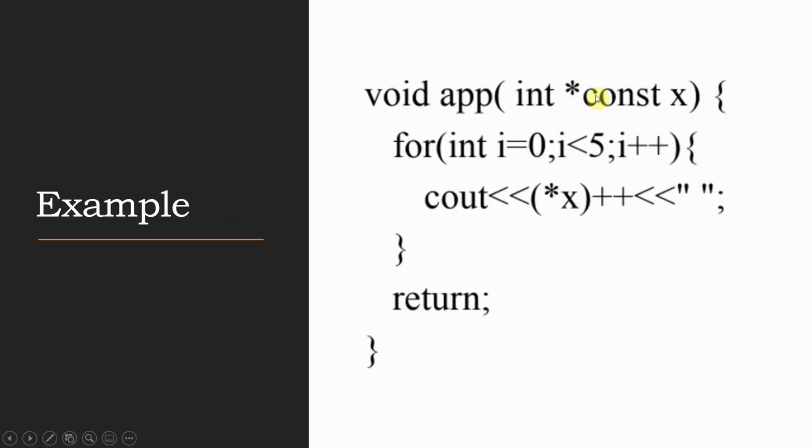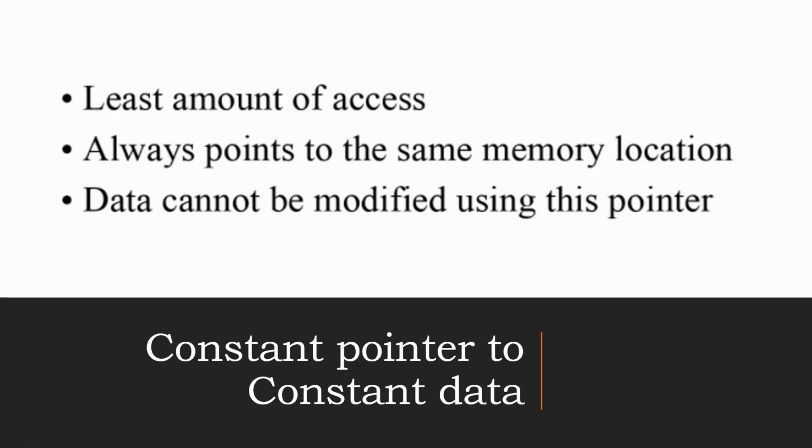In this example, I'm using the const qualifier after the star symbol and before x. So this star, you know, represents the pointer. So here the pointer is constant, that's why the const keyword is present before x.